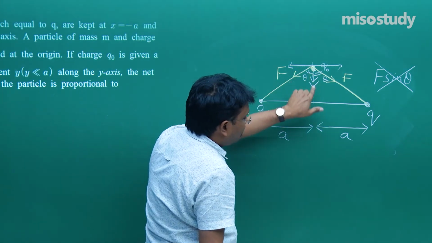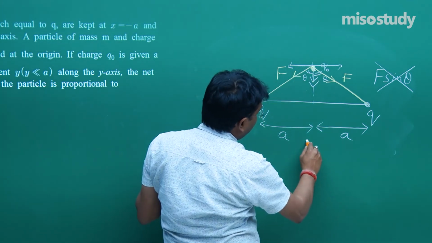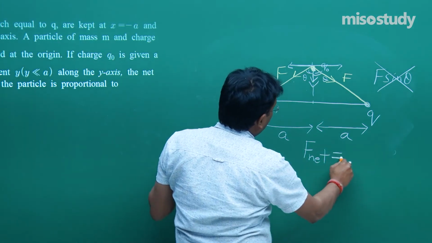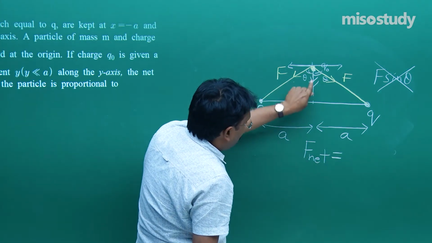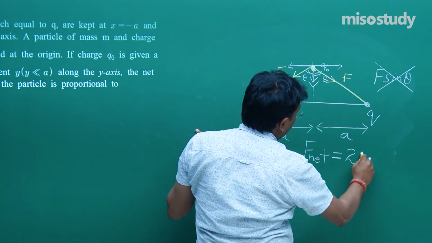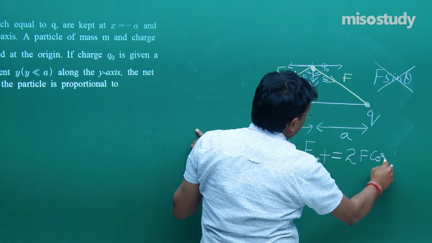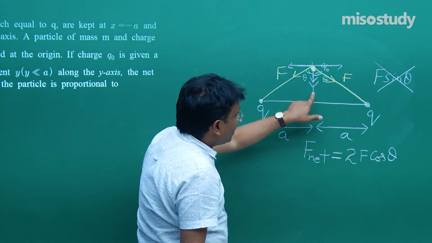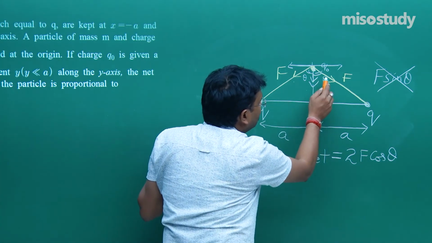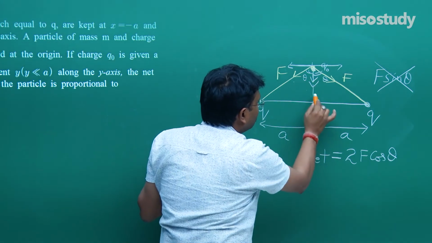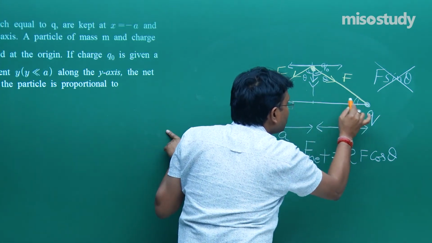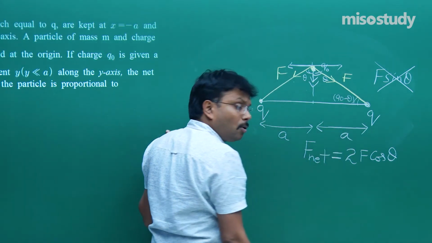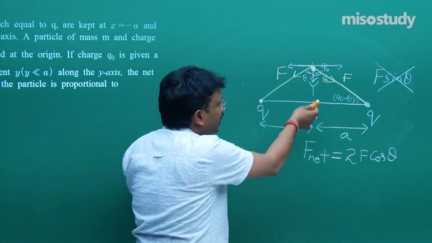The important component is F net equal to 2F cos theta. Fine. Now, what is the value of theta? See the situation. It is 90 minus theta, and you will say, okay, a basic trivial point of trigonometry.